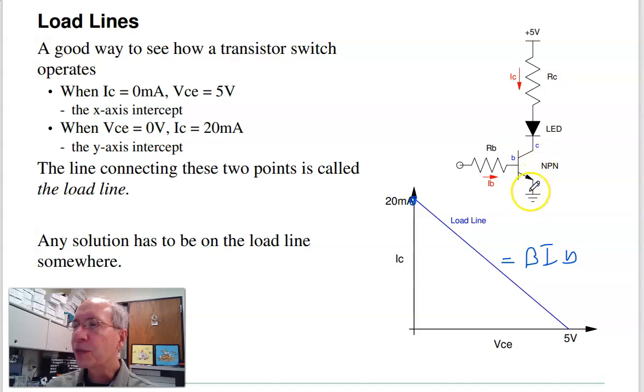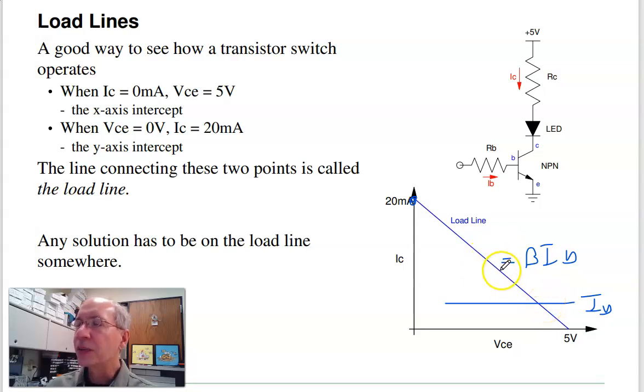If there is no current flow, I get some voltage, say 5 volts. Now, as the base current goes up, so I move up and down, more and more base current means I have a bigger voltage drop across RC. The voltage, collector to emitter, drops. So the base current kind of determines where you are on the load line.